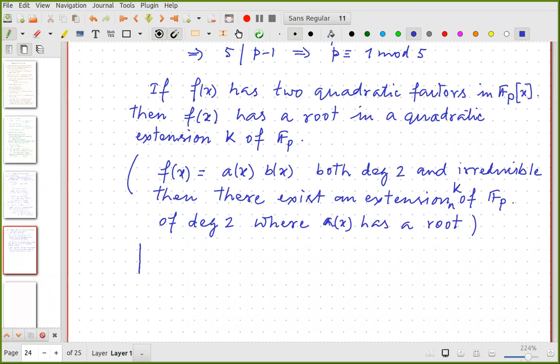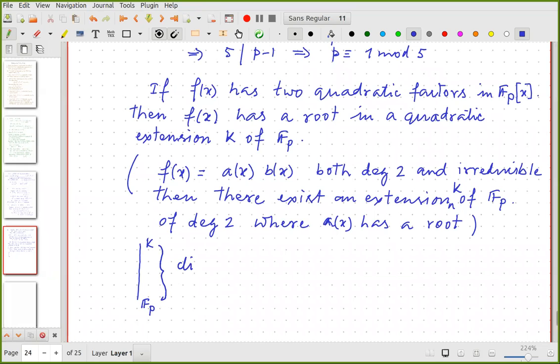Now K is an extension of degree 2. So it's a field. So if you draw like this, then you have this Fp, and here you have a K. So both of them are fields. K contains Fp. So K is a vector space over Fp and the dimension is 2.